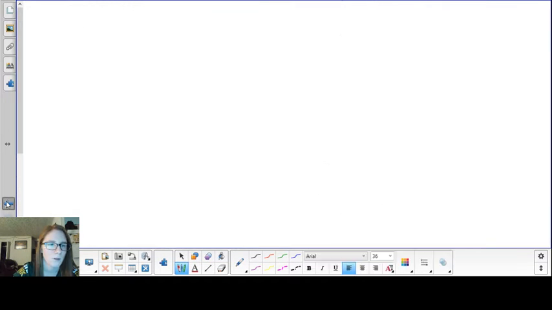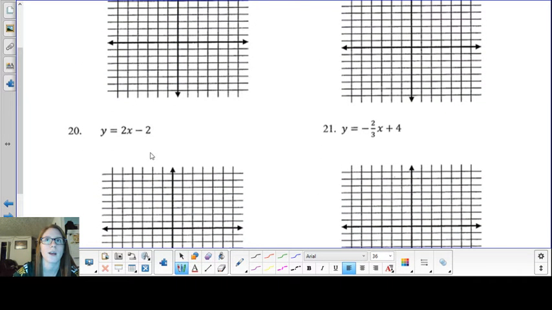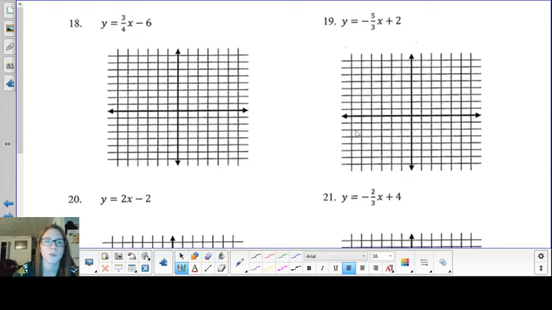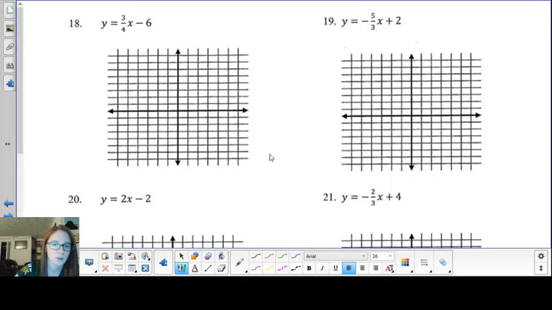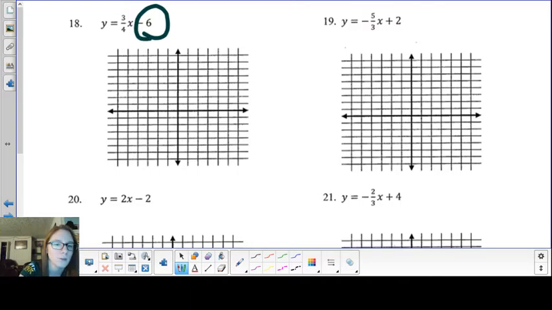Okay, so this is my last slide. I'm going to do these 2 more with you, and then I want you to pause and do the last 2 on your own. All right, so we start at the intercept, which is the last guy. So we're going to go down 6.